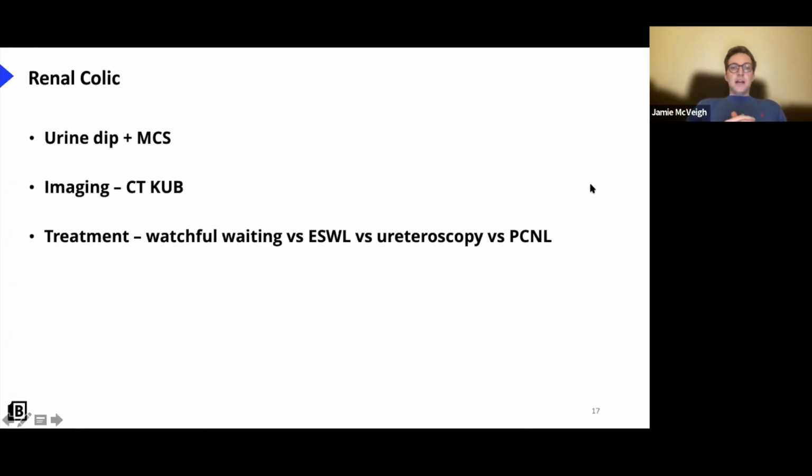And then treatment. What do we do? It's all dependent on the stone size, and I'm not going to go into it in too much detail. But if they're small, sort of 2 to 3 millimeters, you can just... urine MCS. So it's microscopy culture and sensitivity.